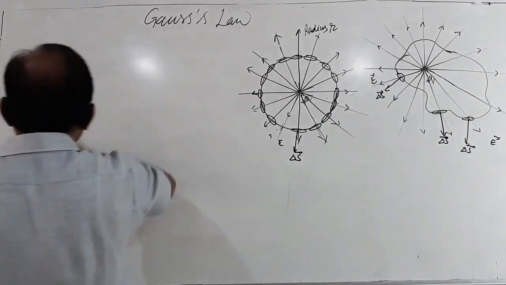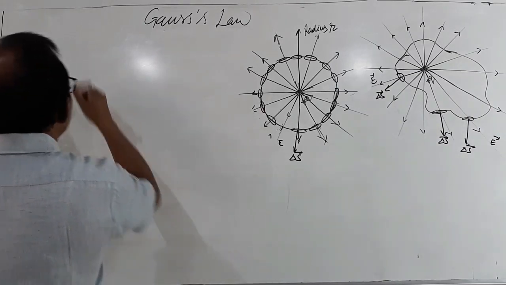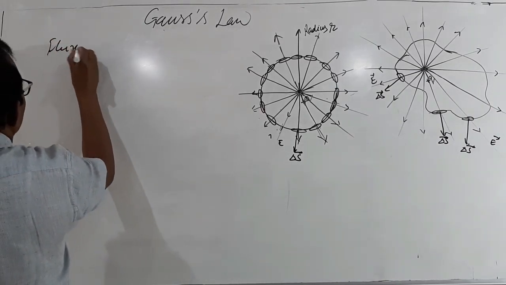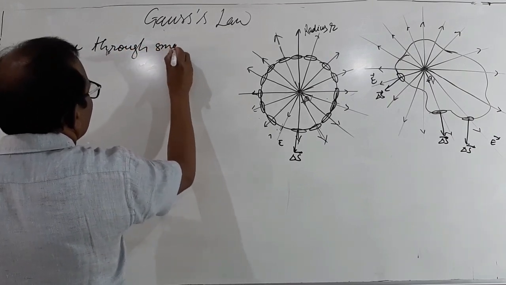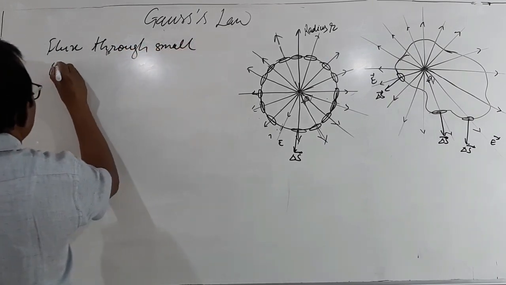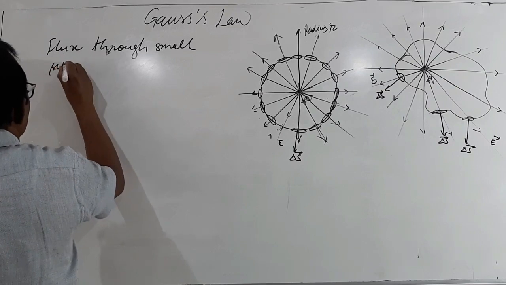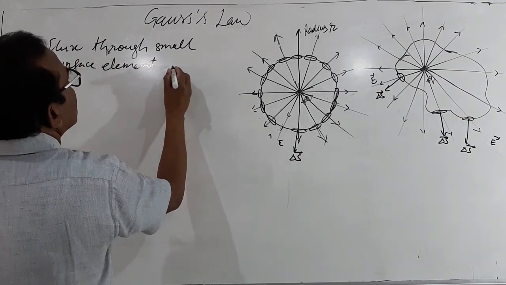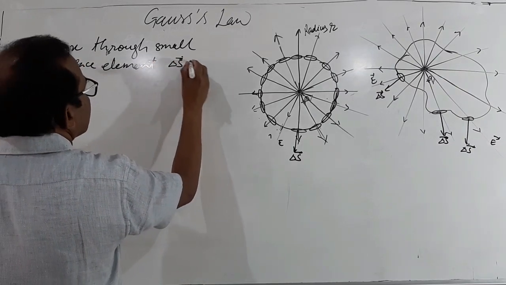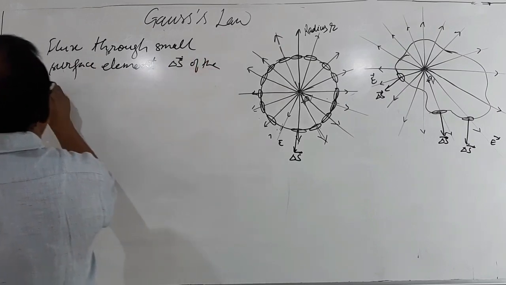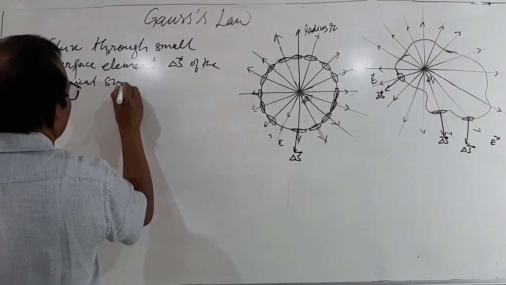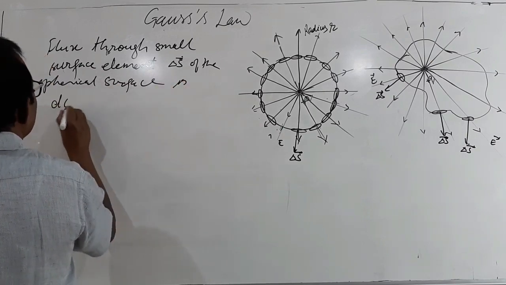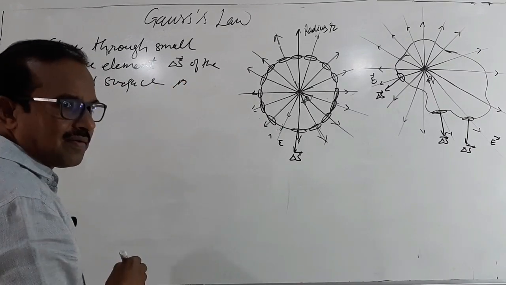Then we can calculate the flux through a small surface element delta S of the spherical surface. How much is it? Generally we write d phi or delta phi.